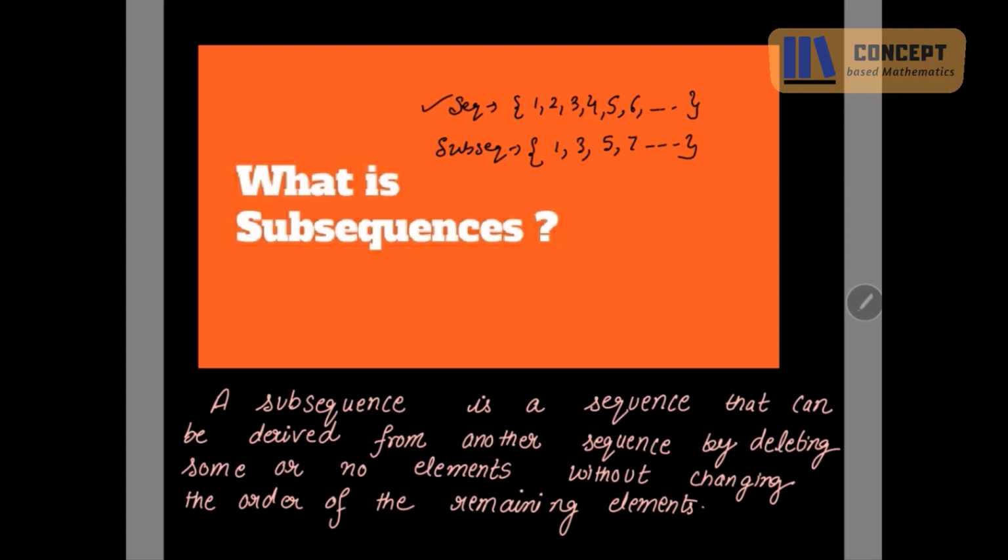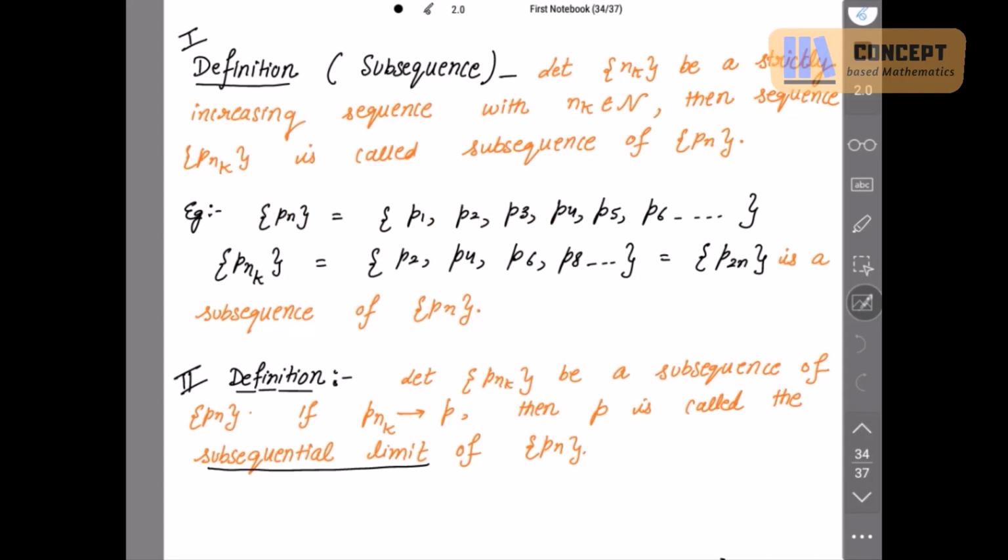You can even remove the odd ones and you will get the subsequence of the even numbers, right? I have not disturbed the order of the other elements here. I just deleted some of the numbers from this sequence, so I get this subsequence from this sequence.